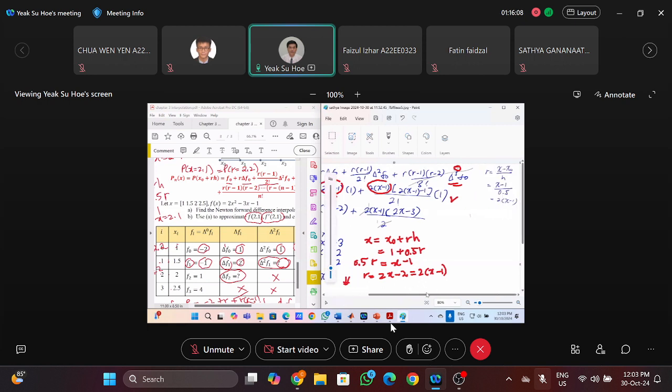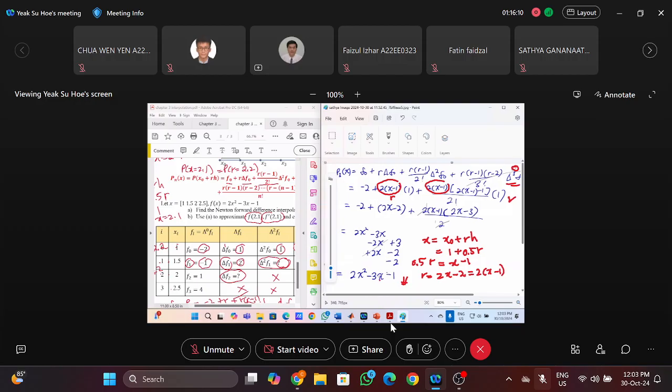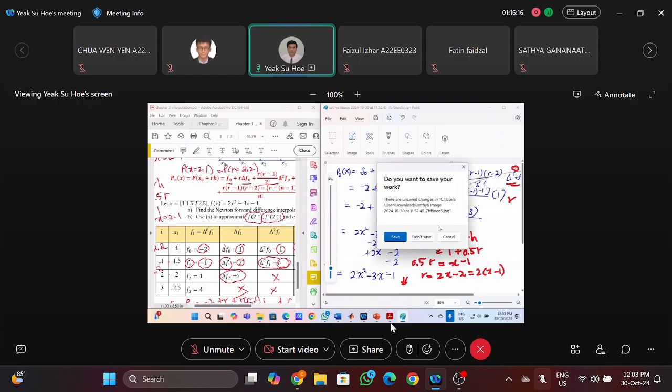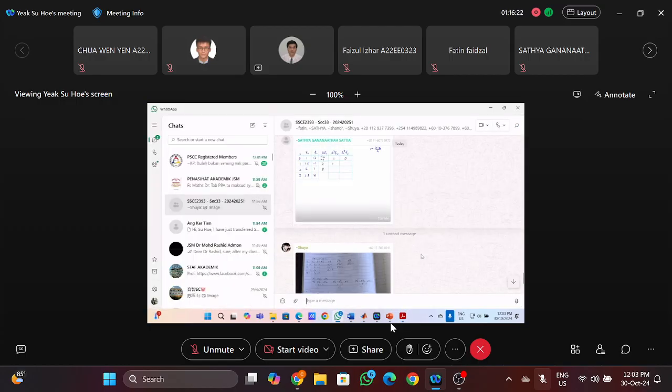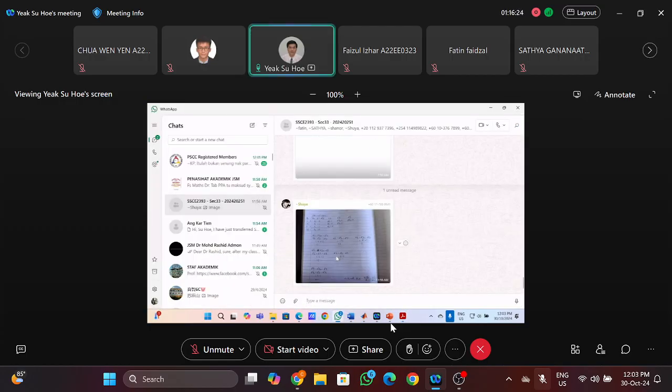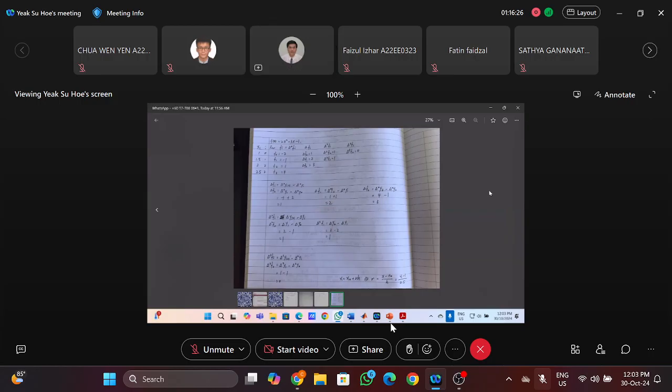The question is, what is the solution? I think this one is okay. This one is quite good. This answer is F0.